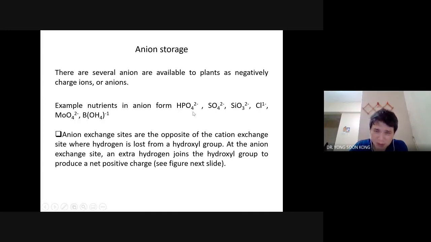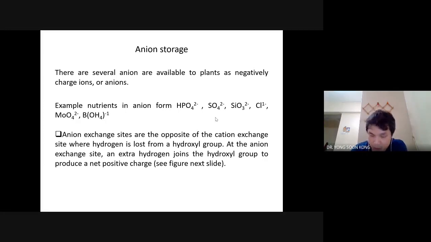Nitrate is the most important anion that needs to be absorbed by plants. Why is it such a big problem? Because as we learned earlier, the majority of the colloids in the soil are negatively charged. So when anions come in, they repel. This anion technically cannot stay too long in the soil because of the electrostatic repulsion.